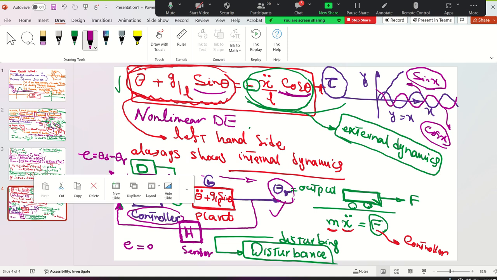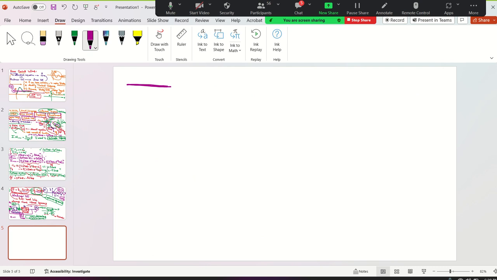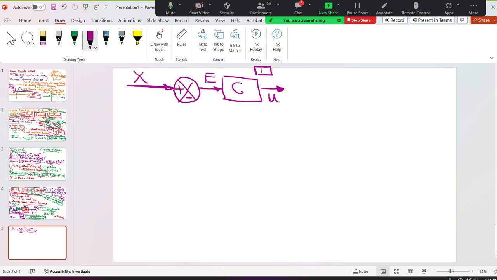So if I want to clear it up, let me do that for you. This is the big picture. We name the desirable input, or input of the system, generally X. This comes to the error signal. This is the whole picture of the course. C is the controller. We show the general control command as U. Even if you go to grad school, you're going to show it with U. Suppose you have a disturbance, D, I'm going to show it in the MATLAB simulation part, being summed, say plus plus, I don't care.